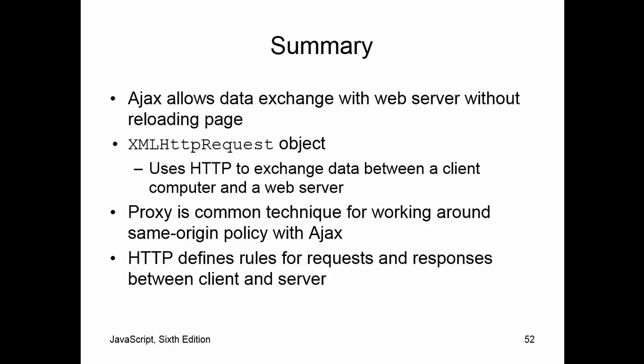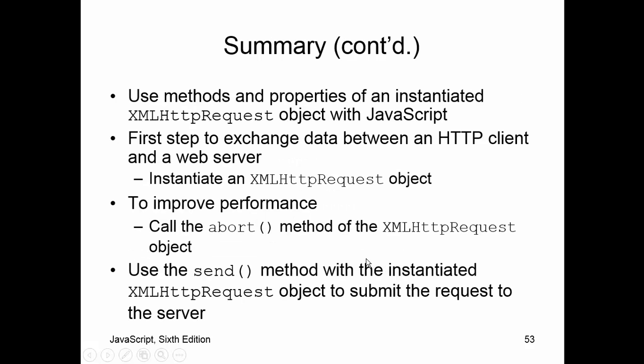When you have problems with things like same origin policy, one way to get around that is to use a proxy. HTTP itself defines rules for client requests and server responses.